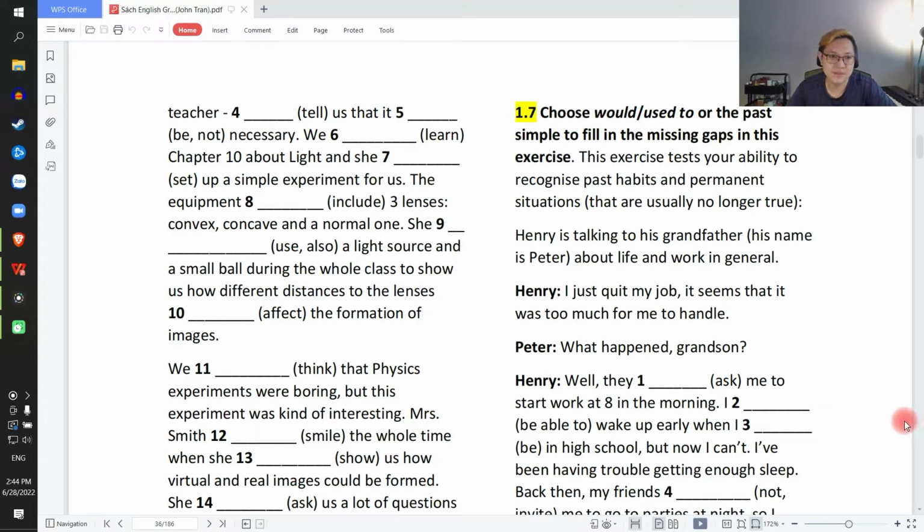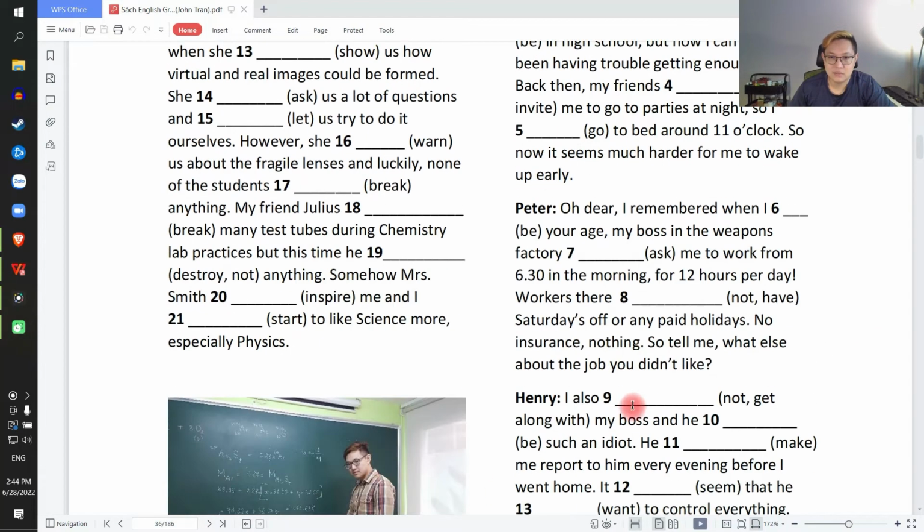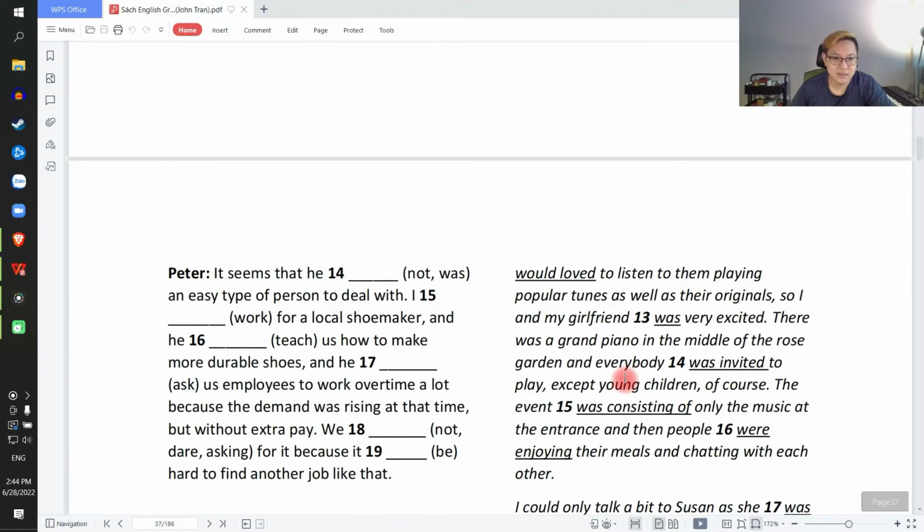Okay, let's go to 1.7. You have to choose would, used to, or the past simple to fill in the missing gaps in this exercise. Cái bài này các bạn được yêu cầu là phải chọn là dạng would, dạng used to, hoặc là dạng quá khứ đơn để mà điền vào những cái chỗ trống trong cái bài tập này. Thì so basically you can see the verbs are provided for you already. Đó, mấy cái động từ được cung cấp cho các bạn hết rồi nè.